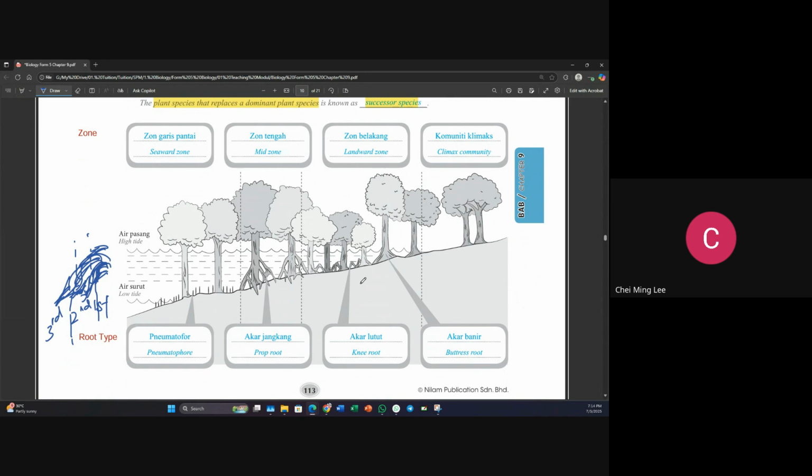After that, the landward zone will start with knee roots, and the one nearer will be the buttress root that we see on a normal tree. You understand? So this one succeeds this one, this one succeeds this one, this one succeeds this one. So who is the pioneer?